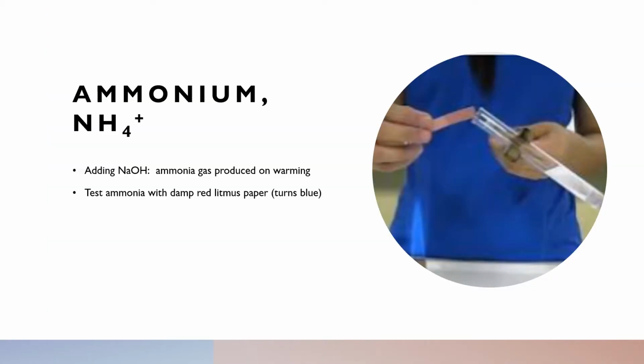Ammonium, NH4+, is a cation that does not come from a metal. Here, non-metal. We can identify the presence of NH4+ ion by adding NaOH.